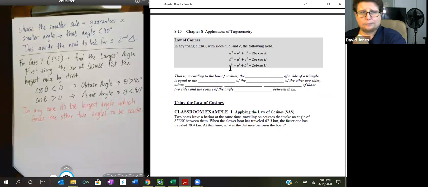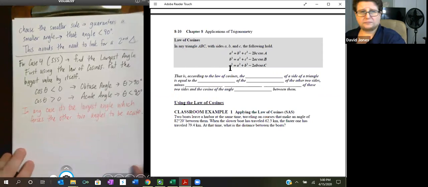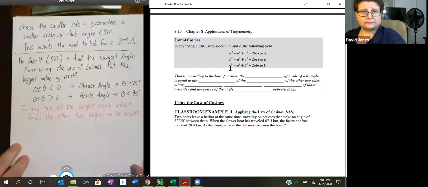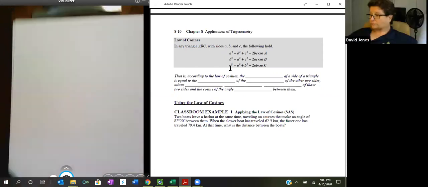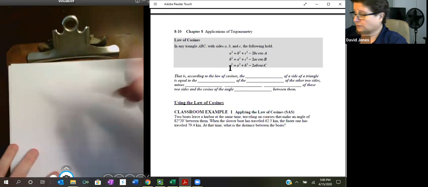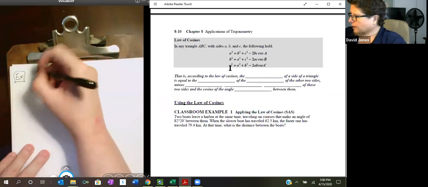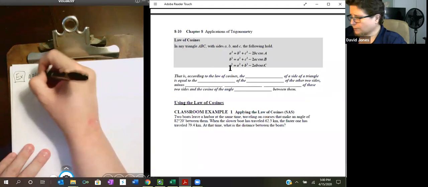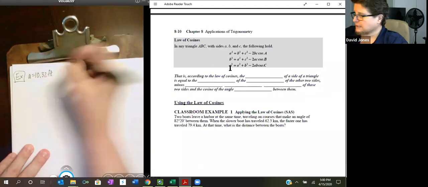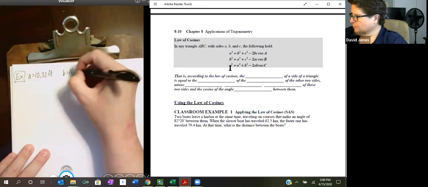So let's look at an example. Side, side, side, find the largest angle. A equals 10.32 feet. B equals 16.2 feet.